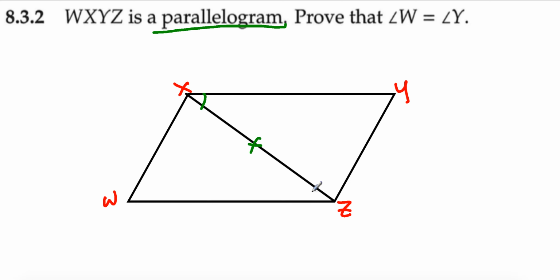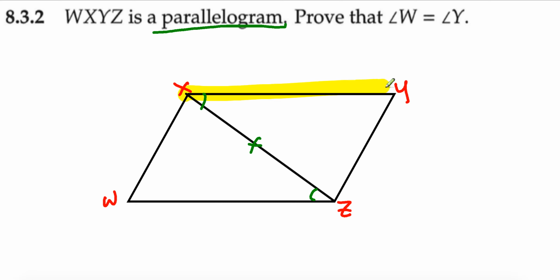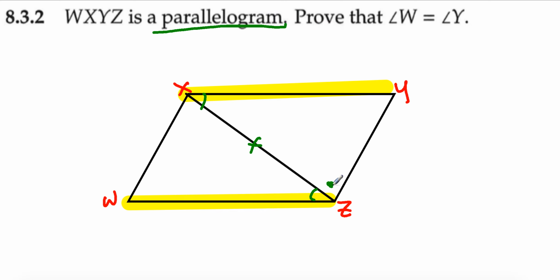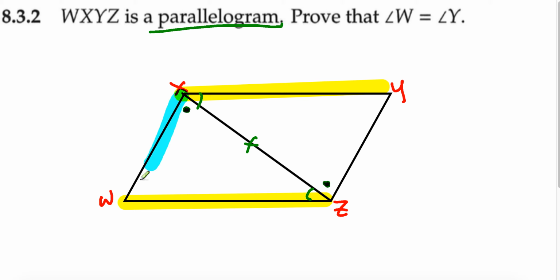And this angle is congruent to this angle because we realize these two sides are parallel and alternate interior angles are congruent. And then secondly, we can say this angle is congruent to this angle by alternate interior angles between these two sides.